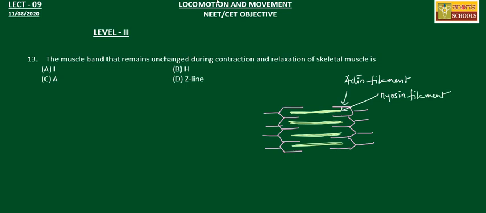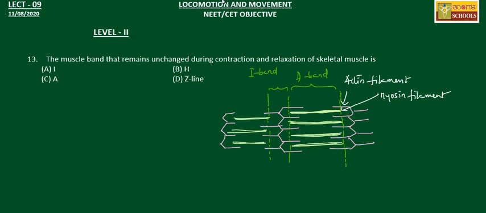So when we see this, the portion where the actin and myosin overlap is called the A band. And here, when we see this portion, this will be the I band, whereas from this to this point it is the A band.